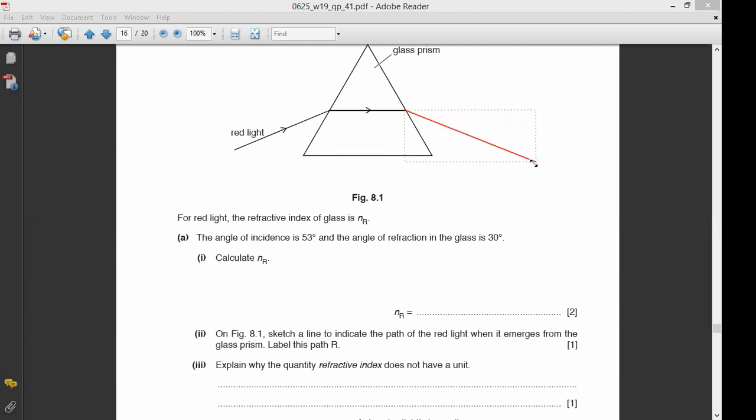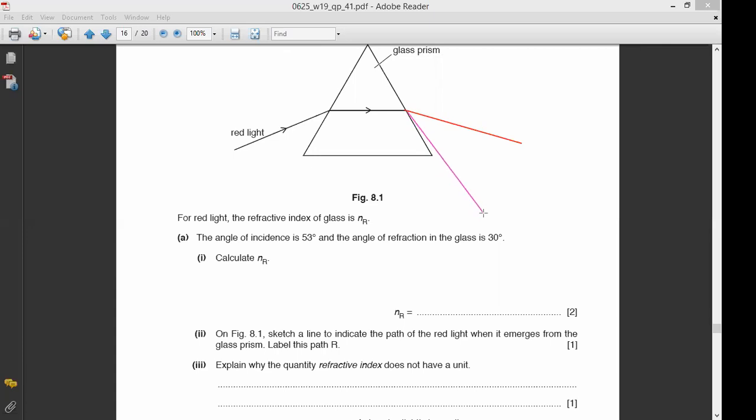Now this is it. Red light refracts the least. If they asked for violet, violet would have refracted at this point.